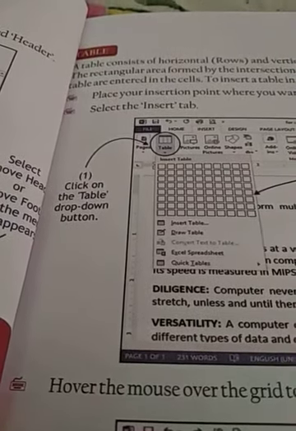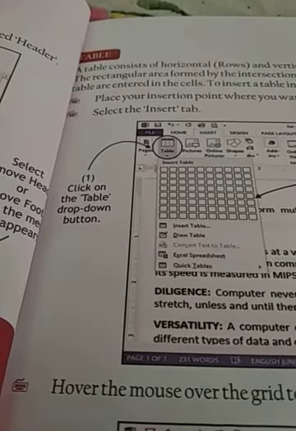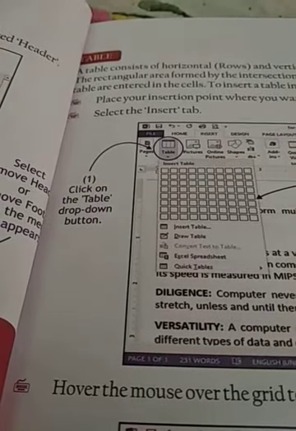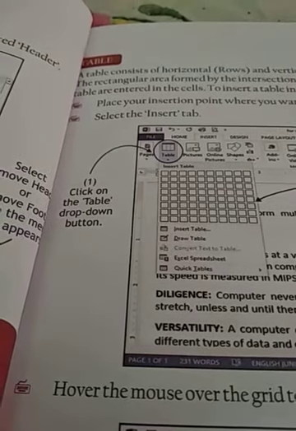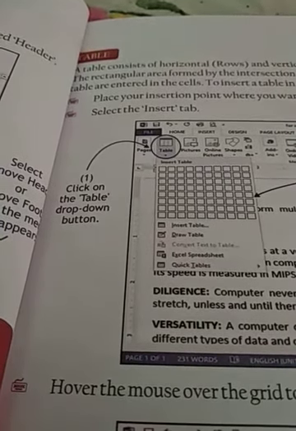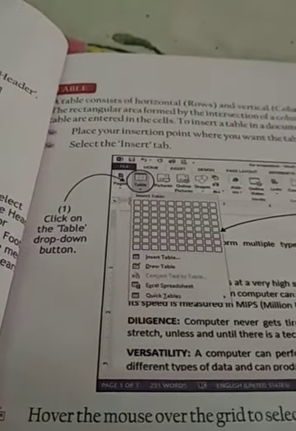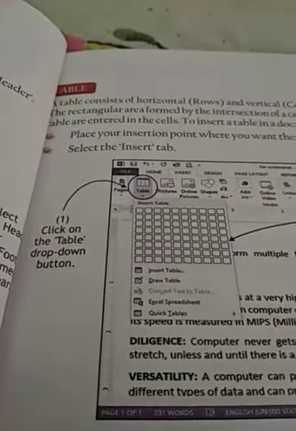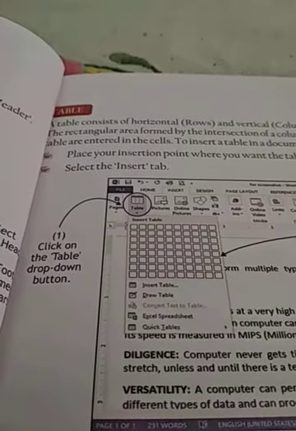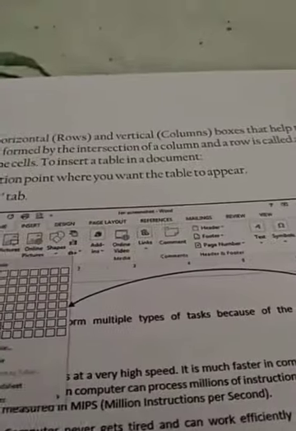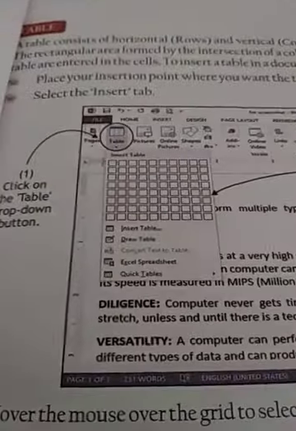So we'll understand first what is a table, and then we will learn how to insert a table in MS Word. First let us see the definition and then we will understand. A table consists of horizontal rows and vertical column boxes that can help to organize data.